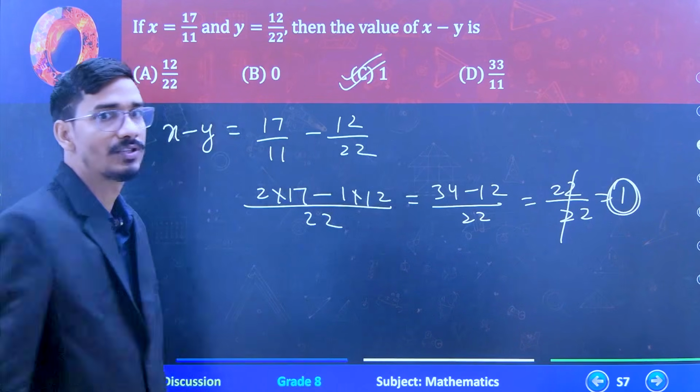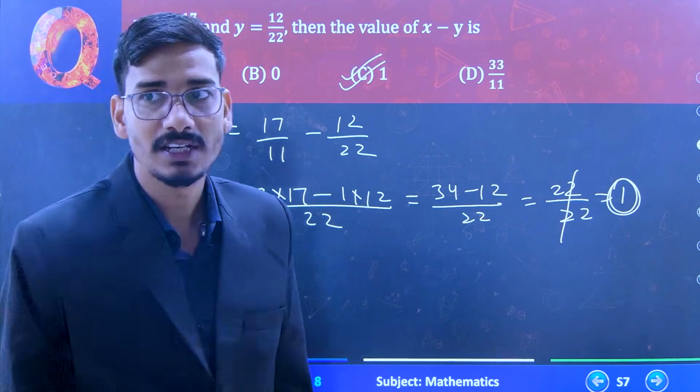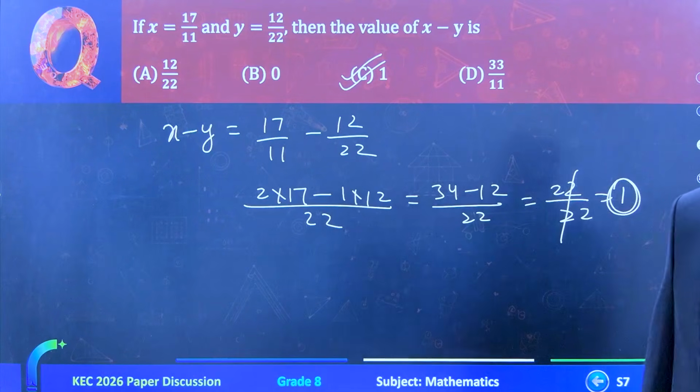So according to this, which option is correct, beta? Option C is the correct one.